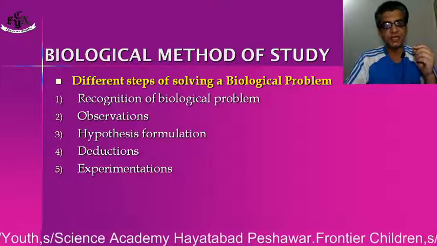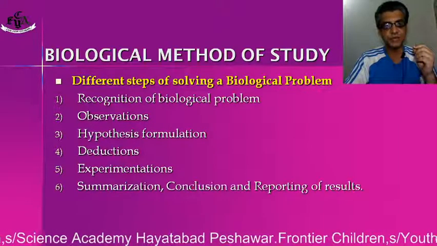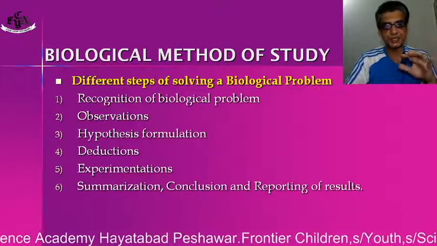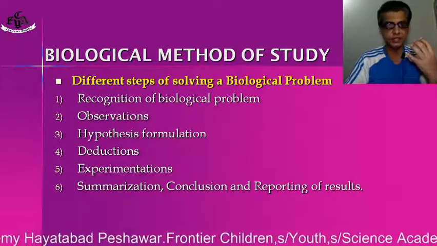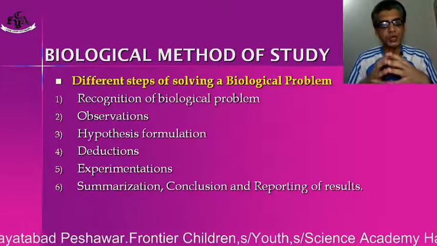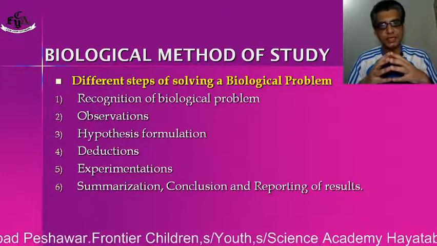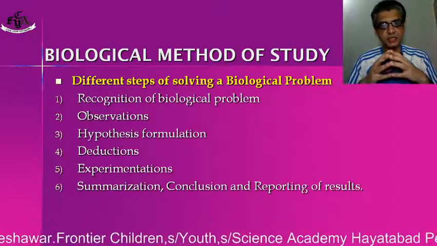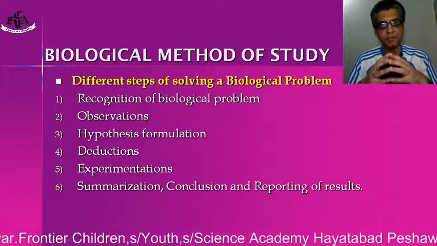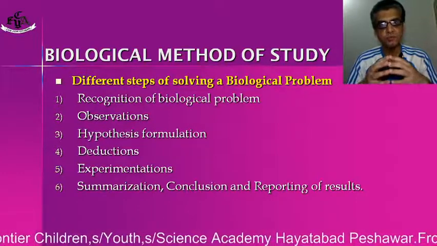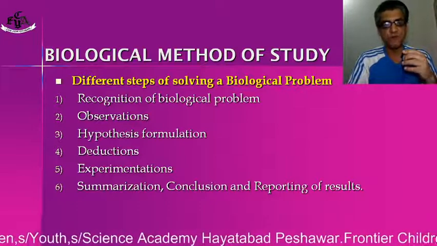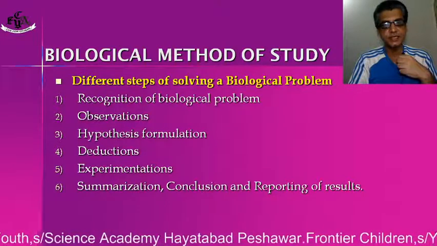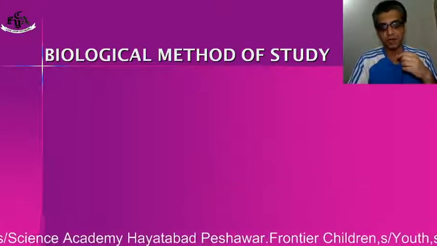Number five, experimentation. And six, summarization, conclusion and reporting of the result. Now we are going to explain these steps of biological method of study one by one in detail. So the first one is recognition of biological problem.